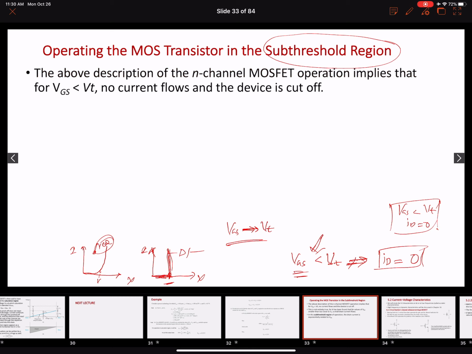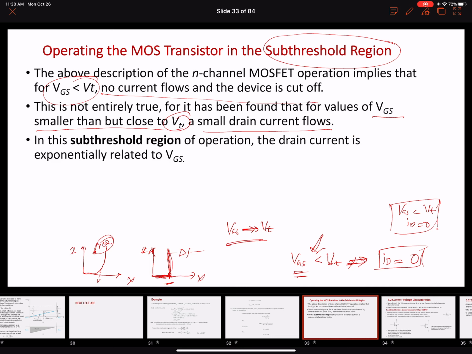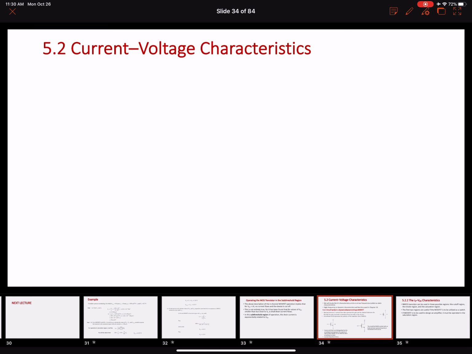So this is what we talked about. Earlier we said that when the gate to source voltage is less than the threshold voltage, nothing flows and the device is cut off, which is not true. When VGS is smaller than but close to VT, a small drain current still flows. This is called the subthreshold region of operation, in which the drain current is exponentially related to the gate to source voltage.